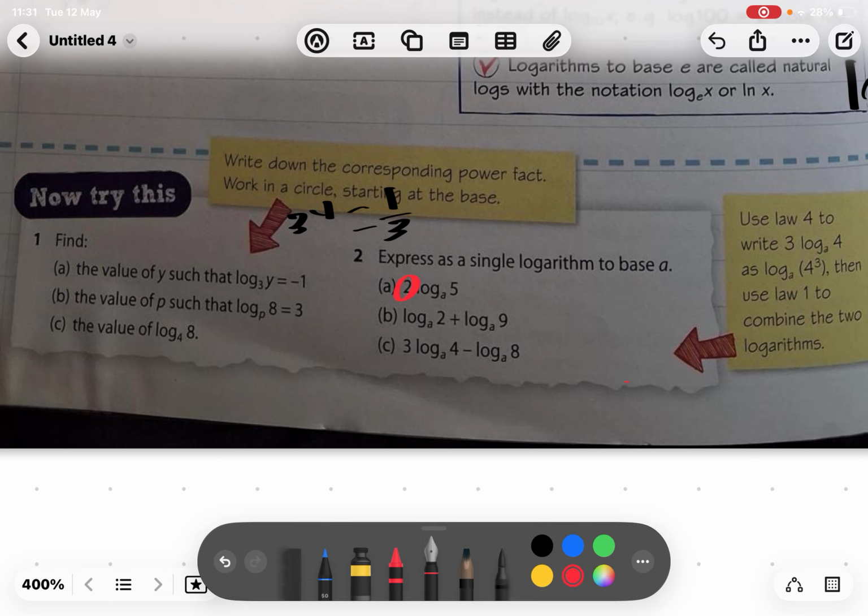We can move the 2 here. After that we get log base 5 to the power of 2, let me do it in brackets. After that we get log base 5 equals 25. No, it's 25.